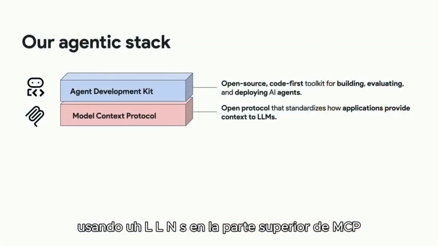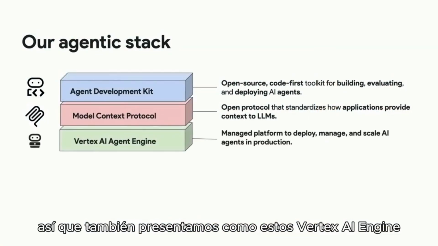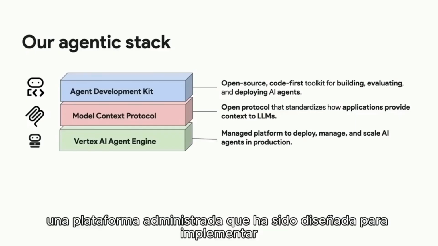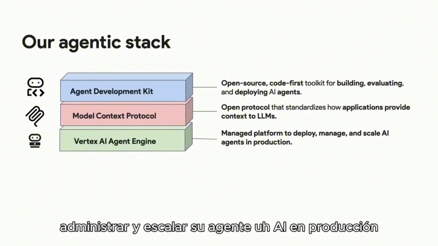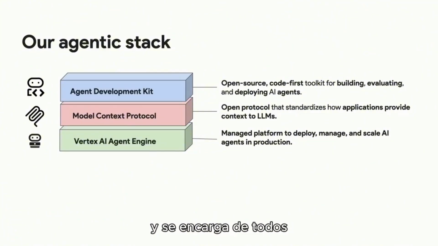On top of MCP, we also introduce Vertex AI Agent Engine, which is essentially a managed platform that has been designed to deploy, manage, and scale your AI agents in production. It takes care of all those operational challenges and possible capabilities that you need in order to deploy your agent in production.